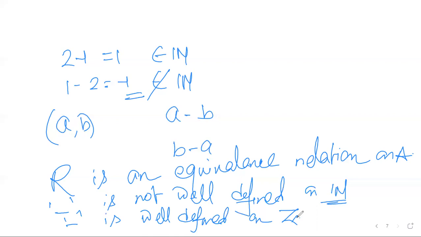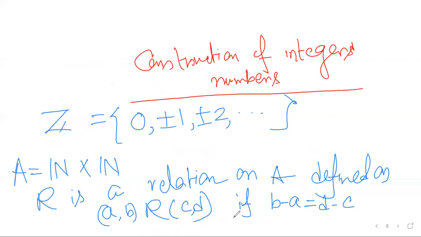Subtraction is playing the key role in making Z, the integers, and this relation is an equivalence relation. So we know it will partition the set N cross N.